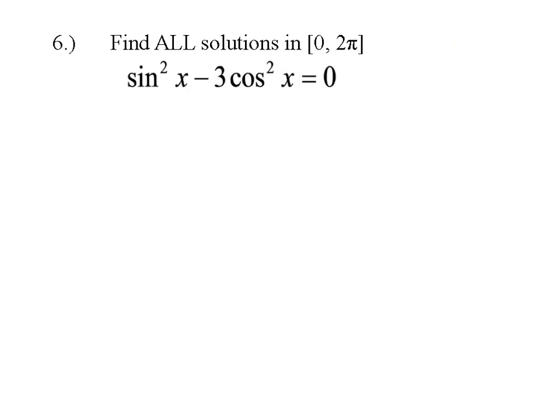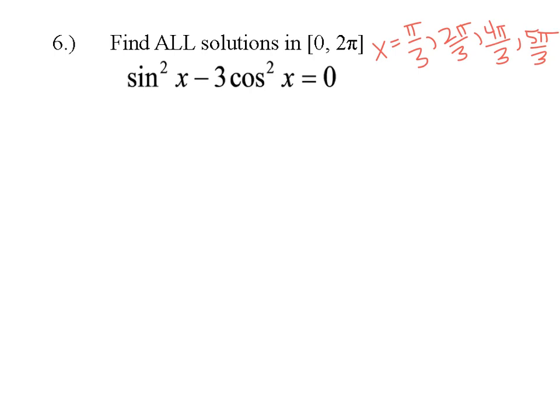Number 6, the solutions you should have gotten here were, let's see here, x equals pi over 3, 2 pi over 3, 4 pi over 3, and 5 pi over 3. All right, so this one, we get sine squared of x minus 3 cosine squared of x.